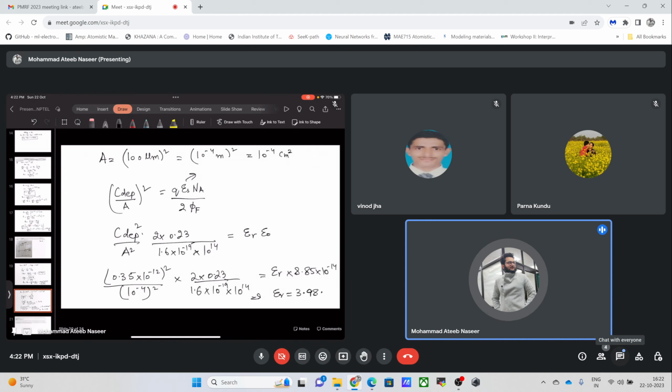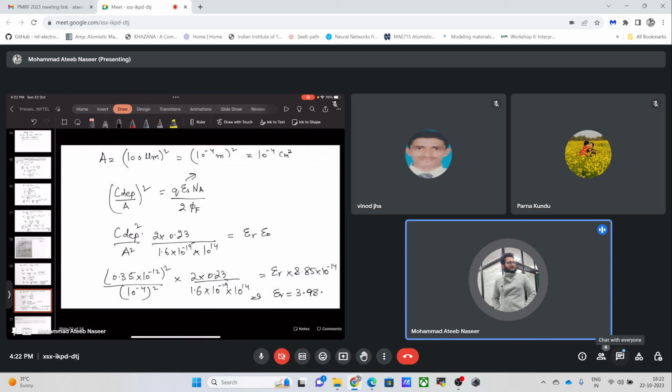Mu n is 1000, C ox is 0.5 into 10 to the power of minus 6, W by L is 10, and VTH is 1 volt.